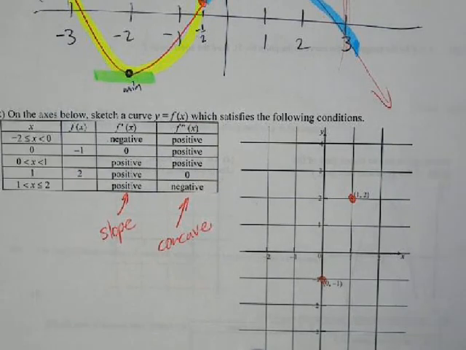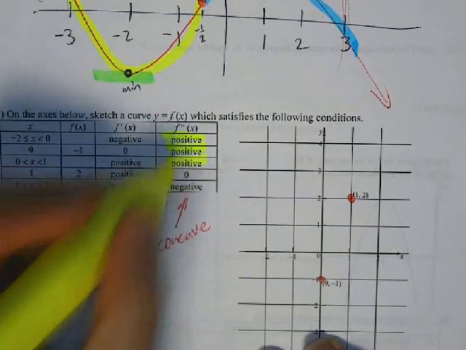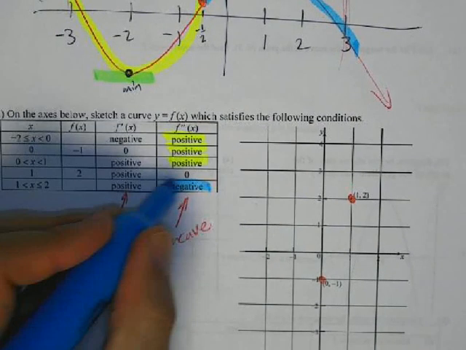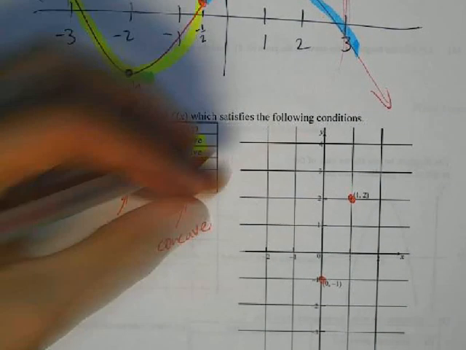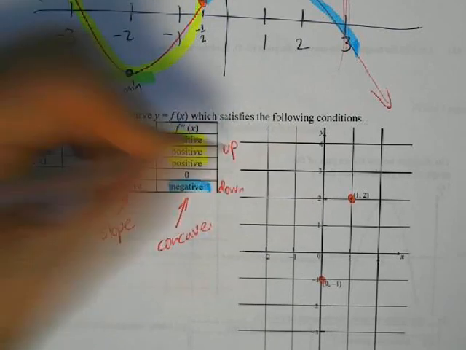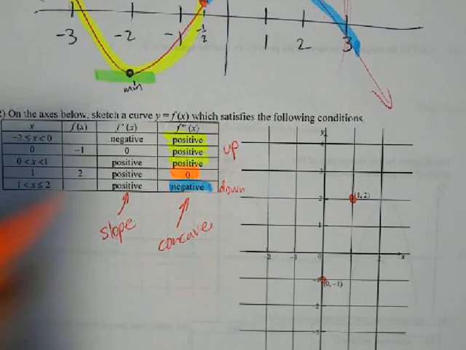So this is concave up, and this is concave down. When the second derivative is 0, we've got an inflection point.